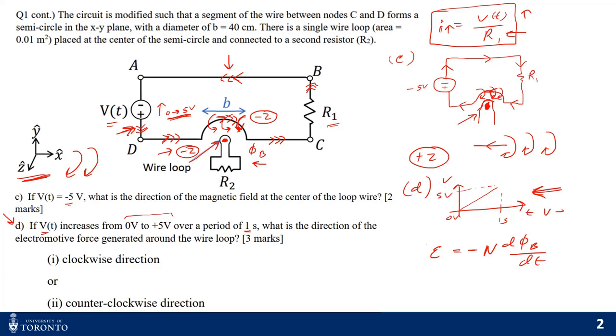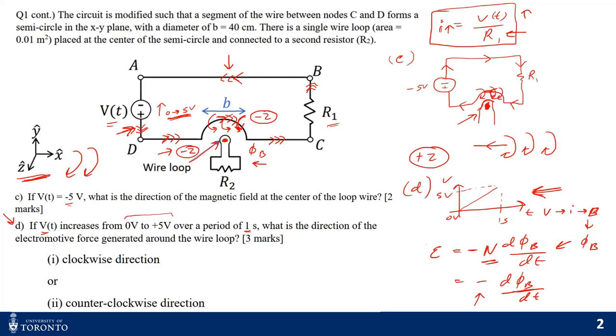If you increase the voltage, current increases, and magnetic field increases. So your phi B is increasing. But the number of turns is equal to 1, so basically we have minus d phi B by dt. This minus sign is because of Lenz's law.